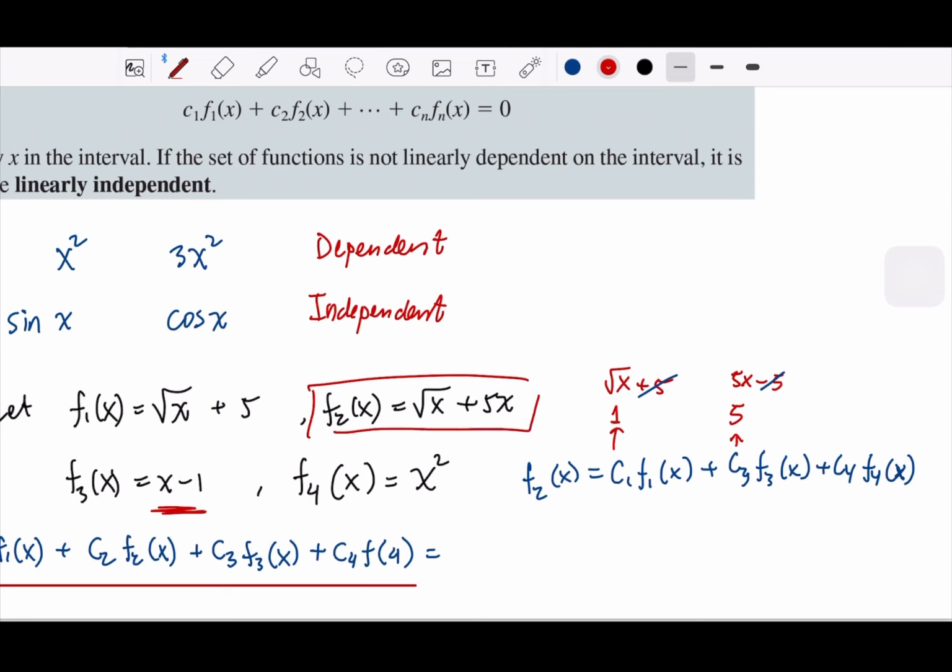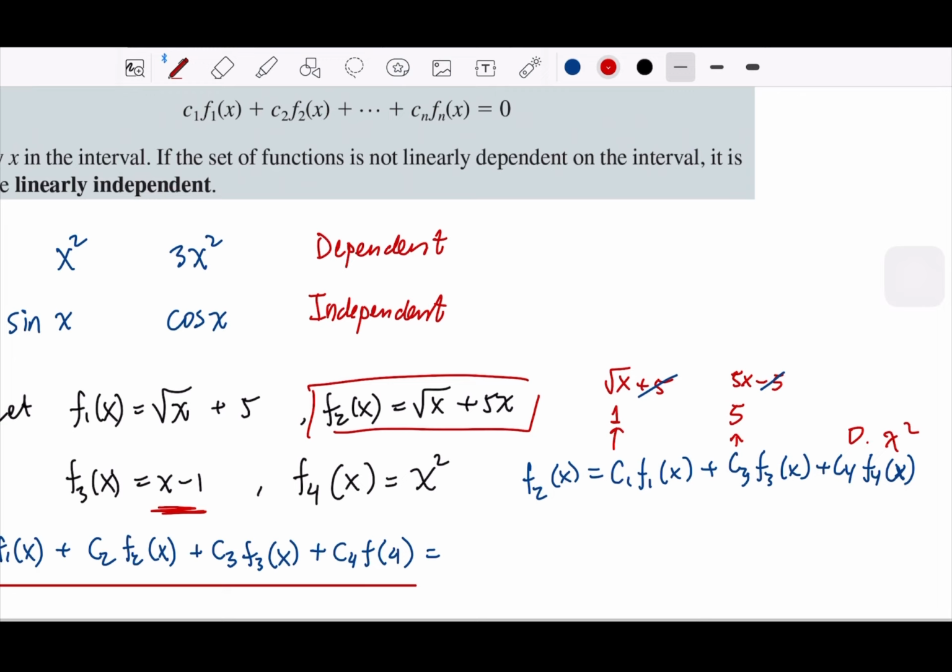For the rest, f4, the x squared, we could take the constant 0. This is also possible. We could also rearrange all these four functions, and maybe one of them is a combination of the other functions multiplied with constants. That's also possible.